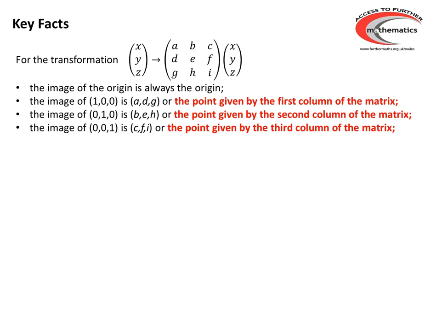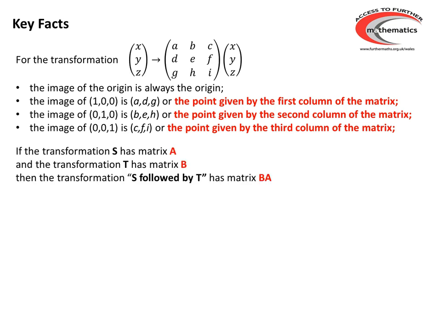So for the transformation xyz goes to a matrix times xyz, the image of the origin is always the origin. The image of the point 1, 0, 0 is the first column within the matrix. The image of 0, 1, 0 is given by the second column of the matrix, and the image of 0, 0, 1 is given by the third column in the matrix.